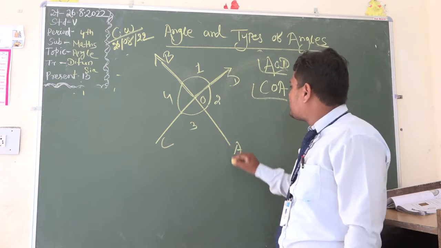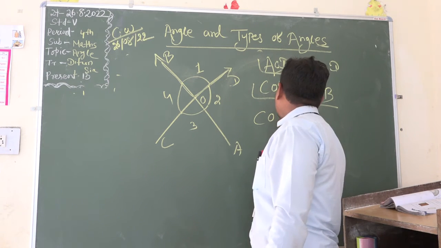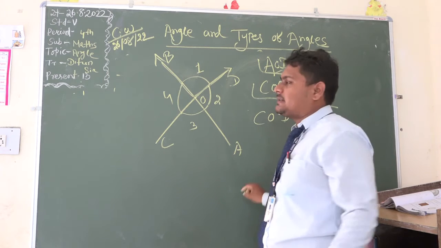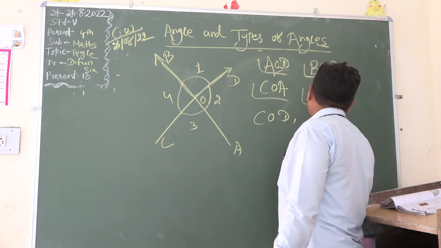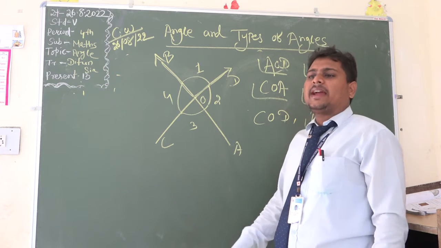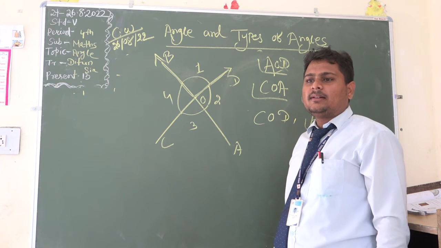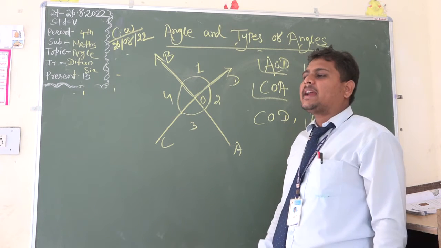But when we say COD and AOB, they are on one ray. Can they make angles? Yes, they can. Which angle will they form?